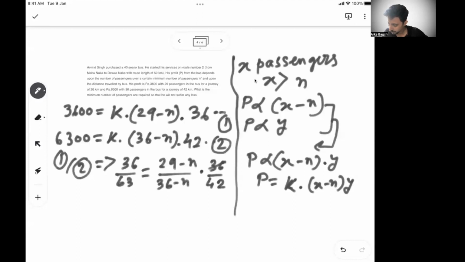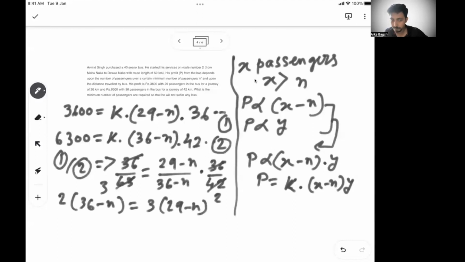So 36 will get cancelled out. If you do this 2, this 3, so 2 into 36 minus n will be equal to 3 into 29 minus n, right?